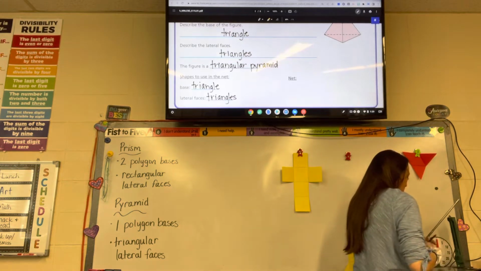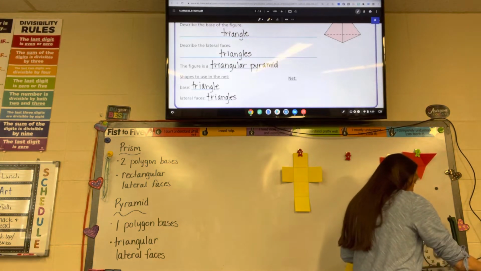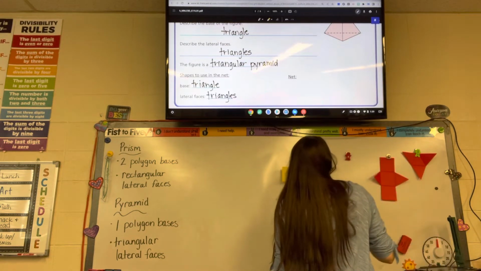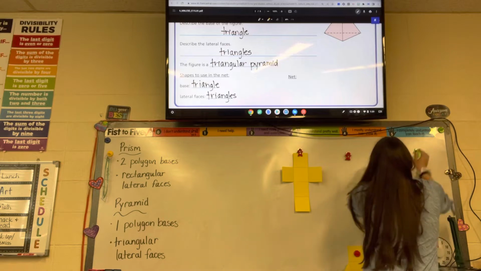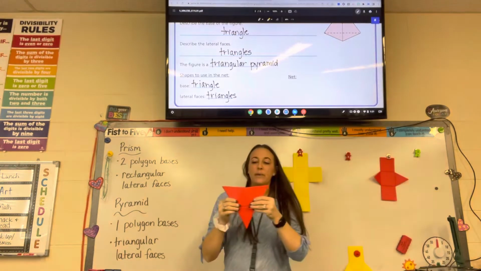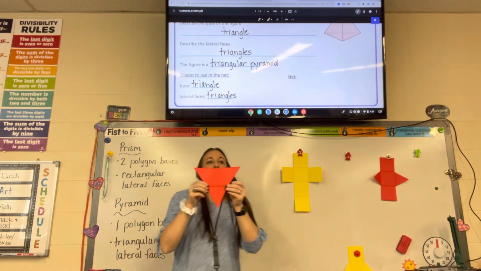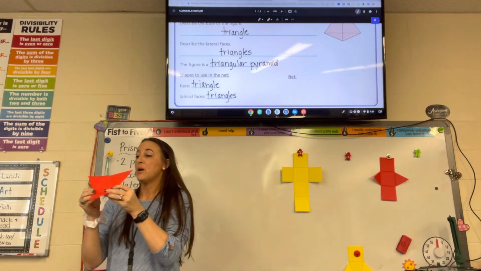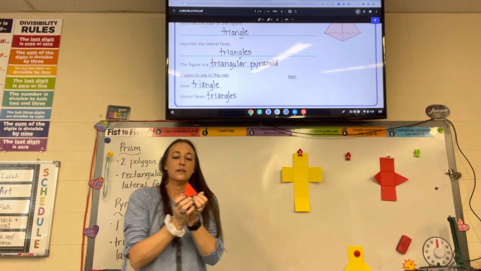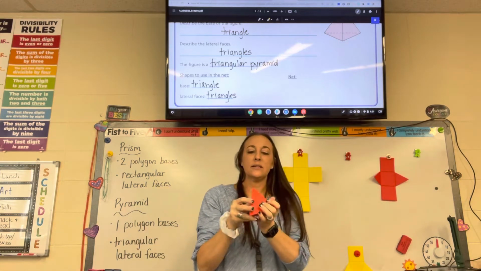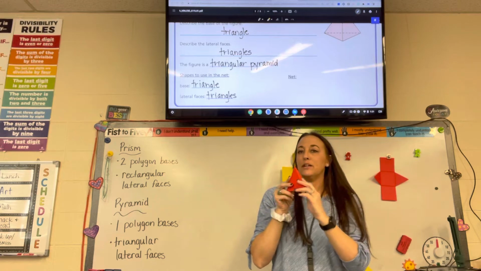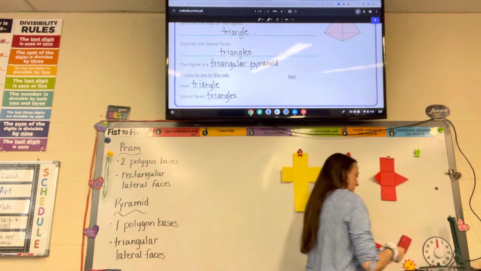Now they want us to draw a net, and so an example of a net for a triangular pyramid would be this, where it's a large triangle made up of four smaller triangles. Okay, so when you put it together, it makes a triangle on the bottom and then three triangular faces.